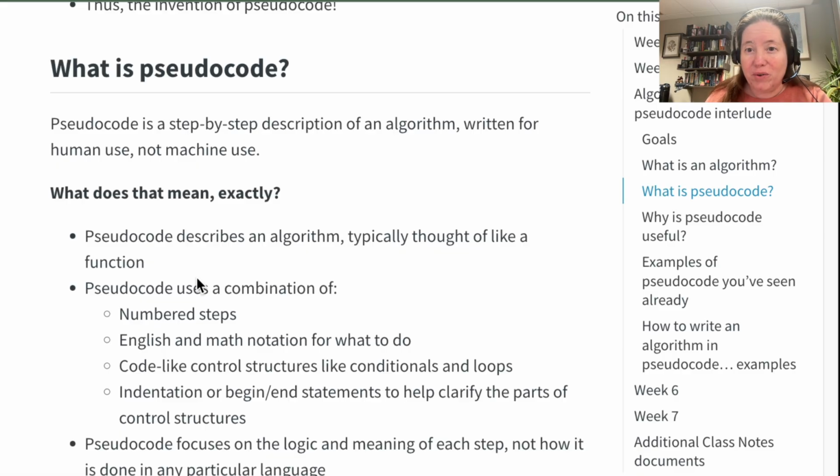Now, I will warn you, if you go out on the internet and you just start looking for things that introduce pseudocode, you will find places where they specify these rigid rules for exactly how pseudocode should look. Those are not actually widespread. There's not one agreed upon way that you write pseudocode.